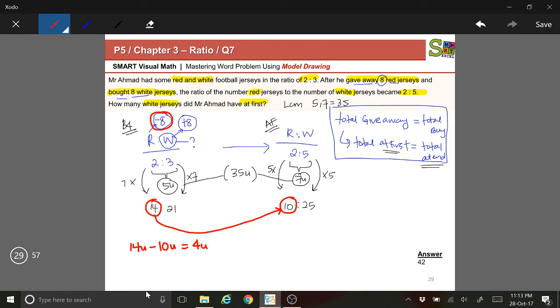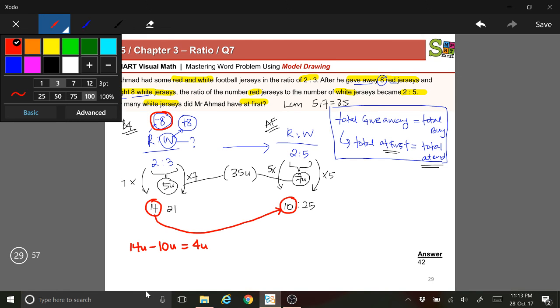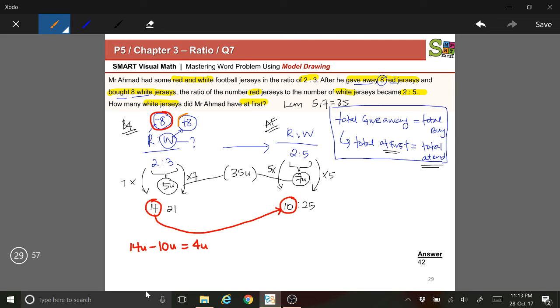Alright, the next one I want you to notice is the white, which is a plus 8. Do you see that this is 21 and this is 25? So from 21 going to 25, there's an increase. You see? So this is a plus 4 increase.